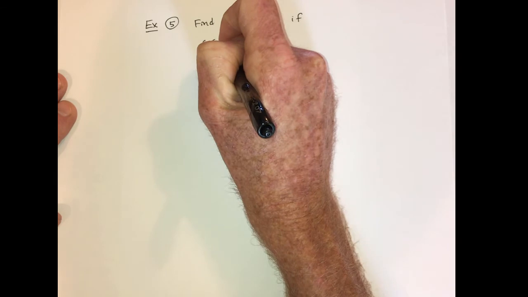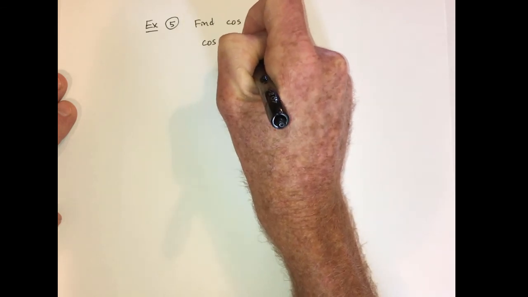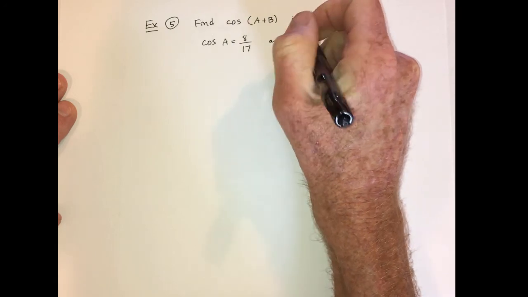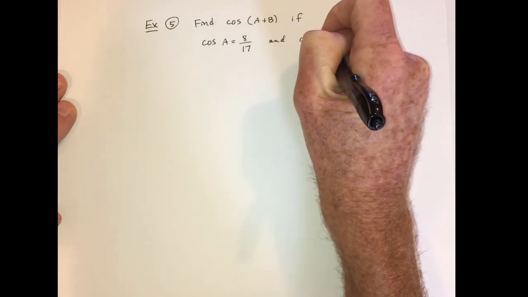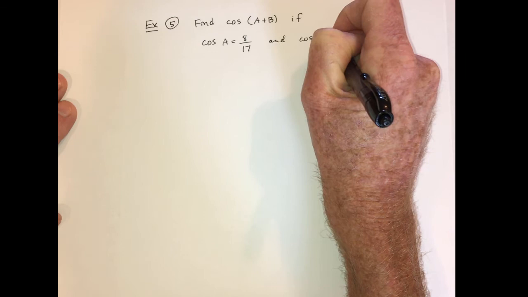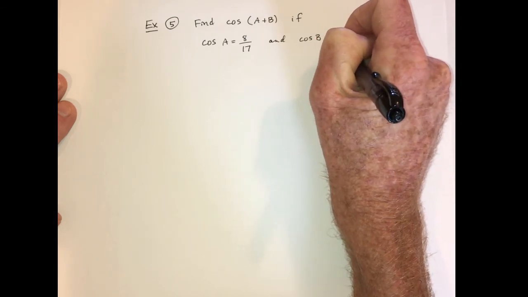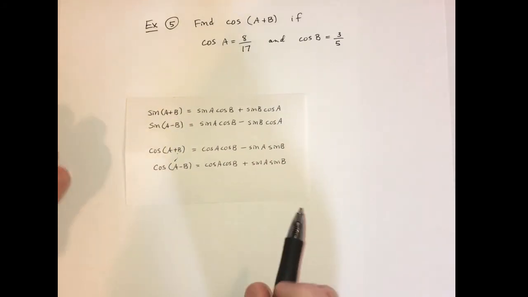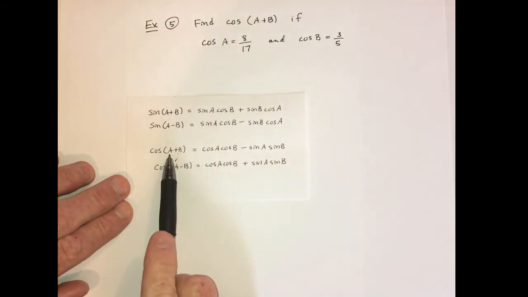Cosine of a equals 8 over 17. And cosine of b is equal to 3/5. It's helpful having this little 3x5 card. So find cosine of a plus b.